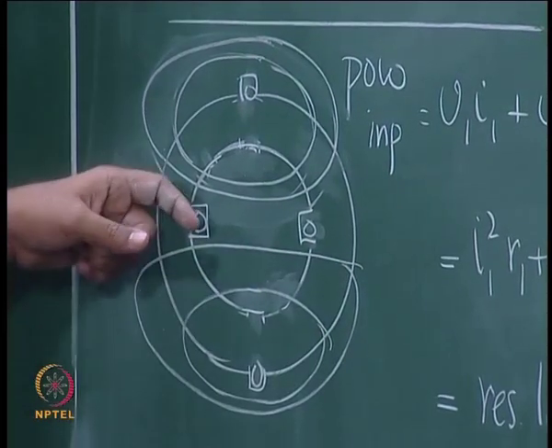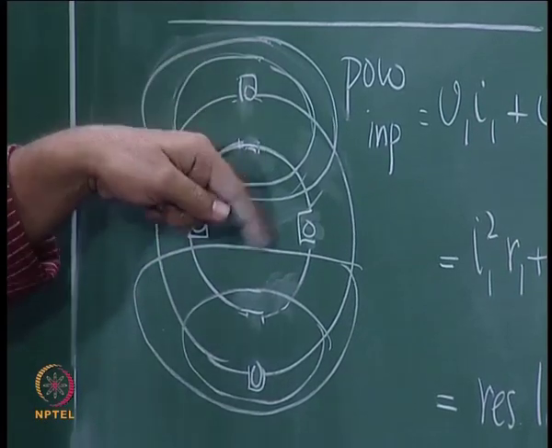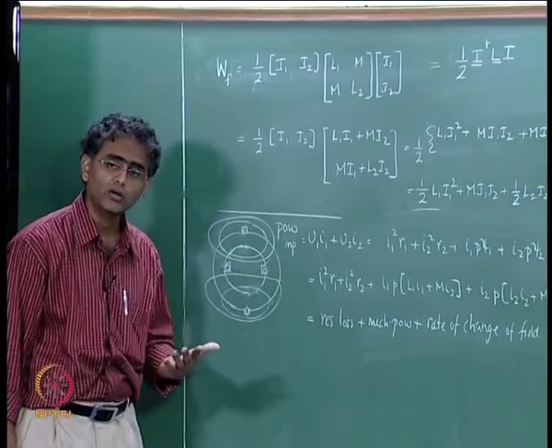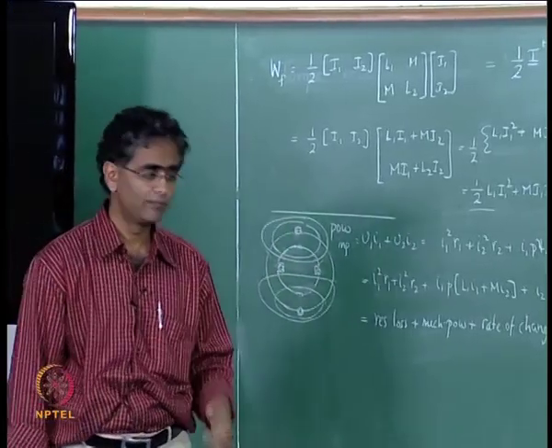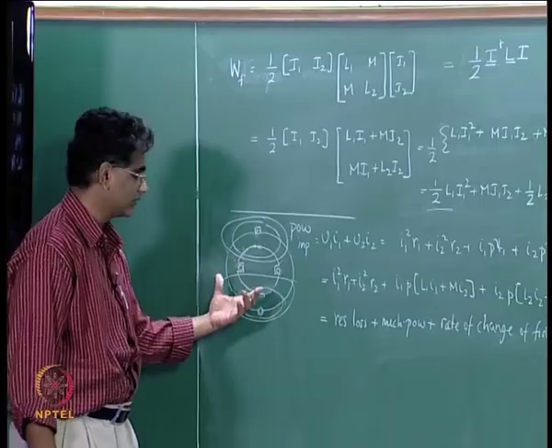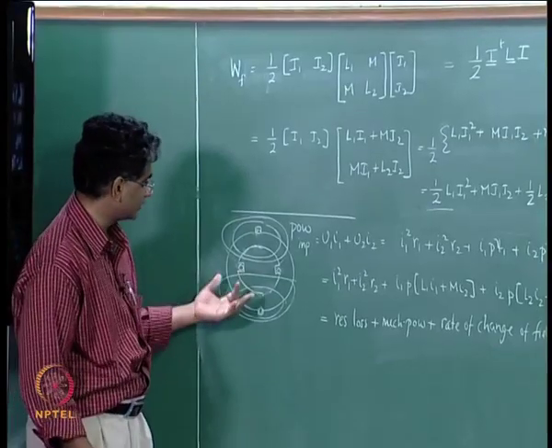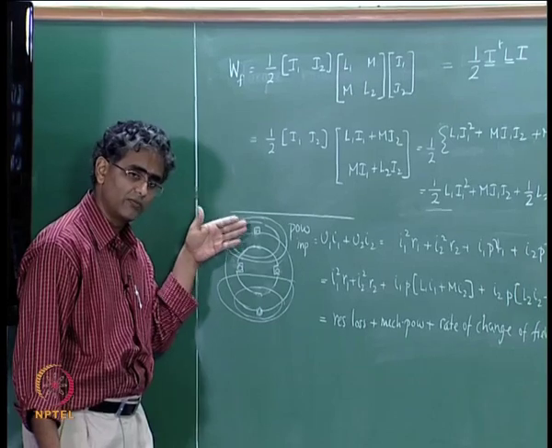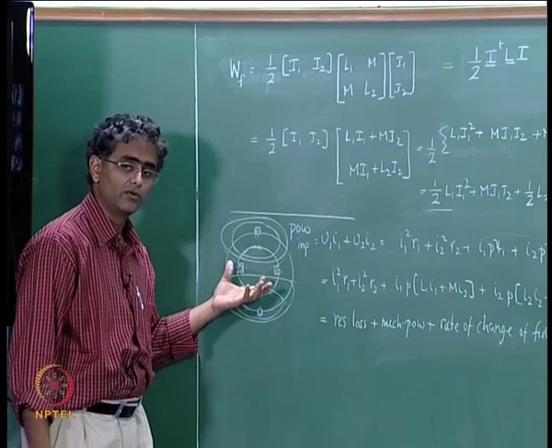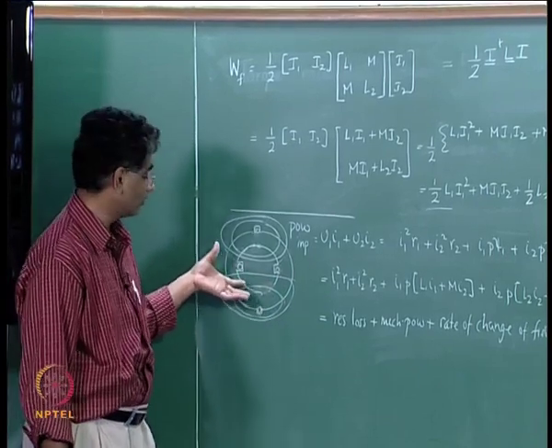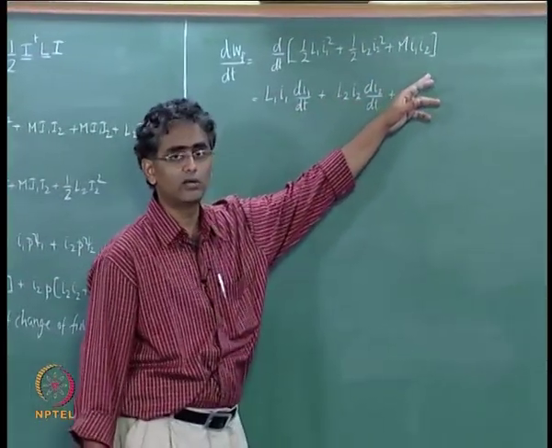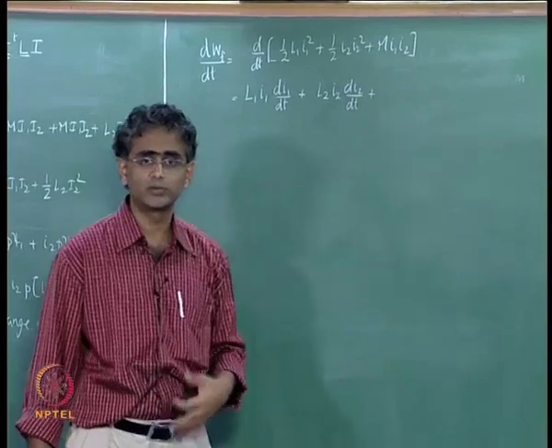One can see that there is no flux line trying to cut across the plane of this coil, and therefore the flux linkage in the second coil is 0, which means the mutual inductance is 0. Therefore, in this system, as the rotor rotates, the mutual inductance, which is nothing but a reflection of how much of the flux generated by the first coil is going to link the second coil, is going to change with respect to the orientation of the rotor. So in this expression m I1 I2, all of them can change with respect to time.